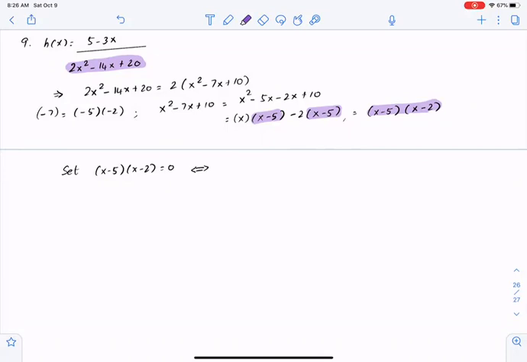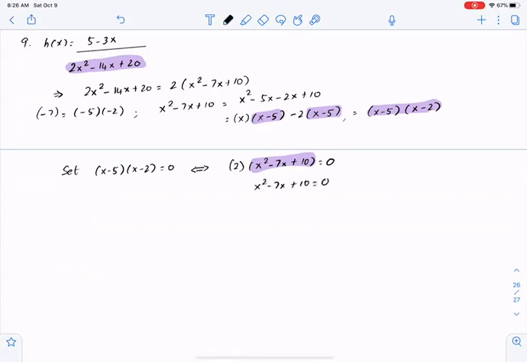The 2 that I factored out doesn't matter because 2 is a number. It's never going to become 0. But another reasoning for that is all I have to worry about in the denominator is x squared minus 7x plus 10, because I can divide by 2 on both sides.